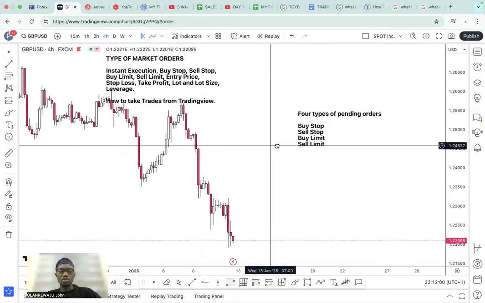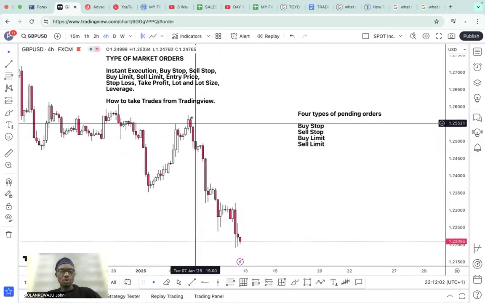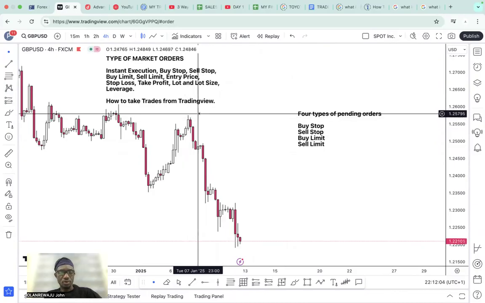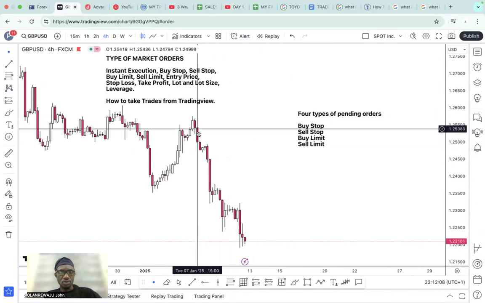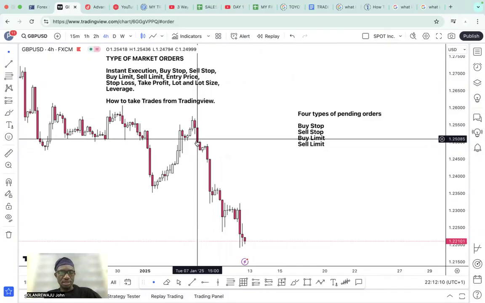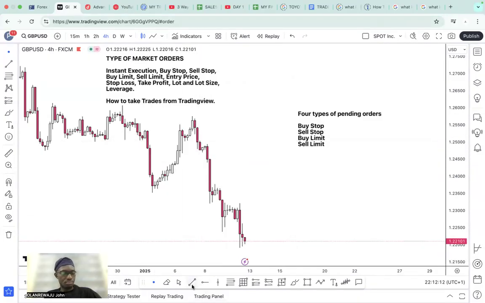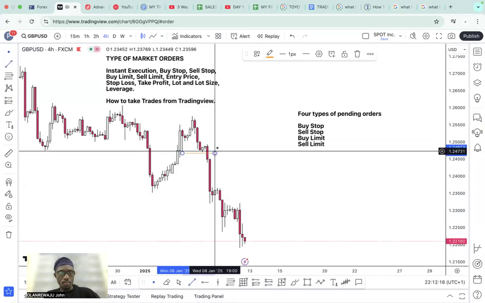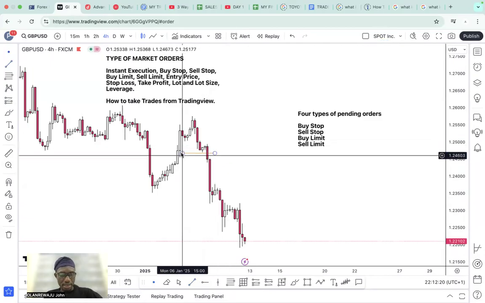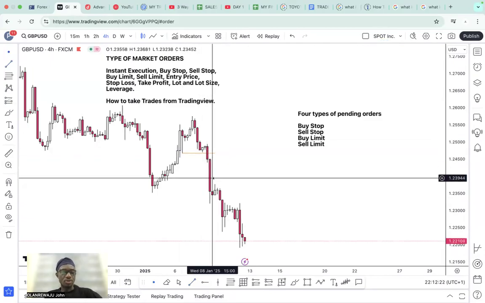And from what you are looking at, you don't want to sell from somewhere here. Maybe when the market was forming, this was the particular candle that was in play. And based on some of the things you've learned on technical analysis, you wanted the market to come here before you enter a sell position.